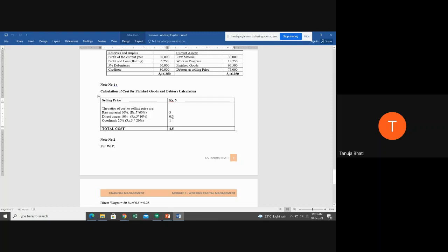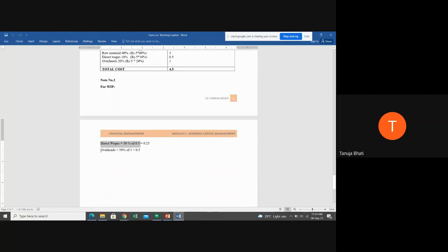And direct wages and overheads under work in progress, are they to be taken at 100% of the cost given or only 50%? 50%. Very good. So see here, direct wages cost is 0.5, but completely 0.5 you cannot take. So for WIP, as per note number 2, direct wages will be 50% of 0.5, that is 0.25, and overheads will be 50% of 1, that is 0.5.